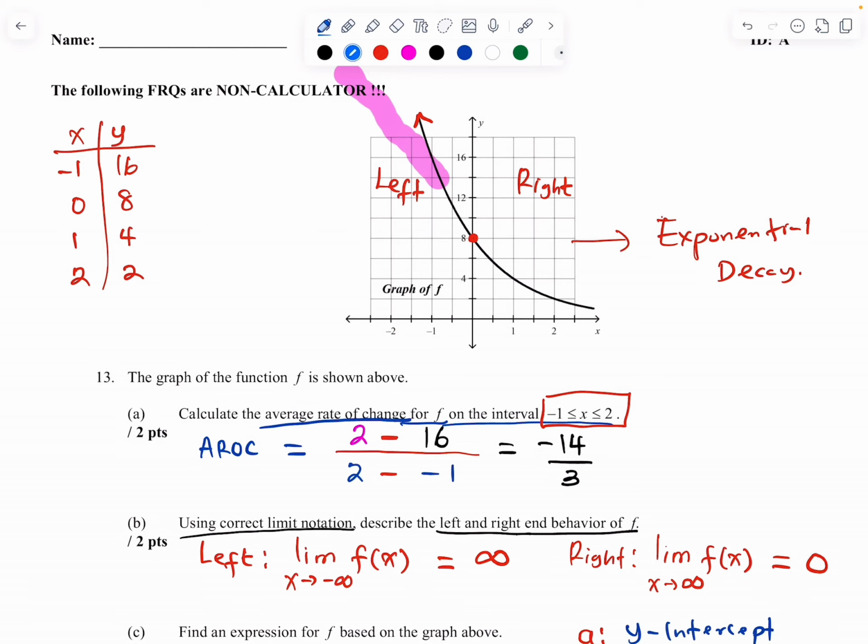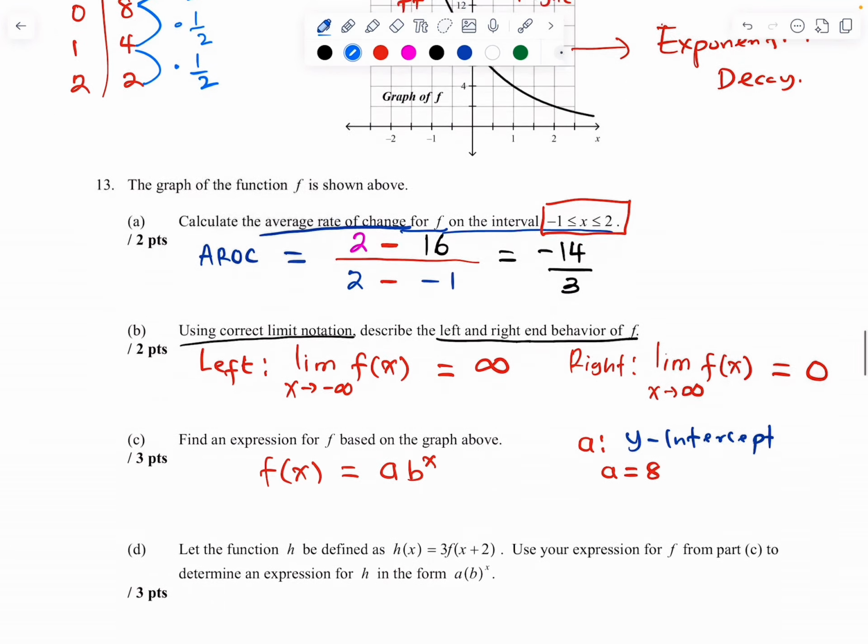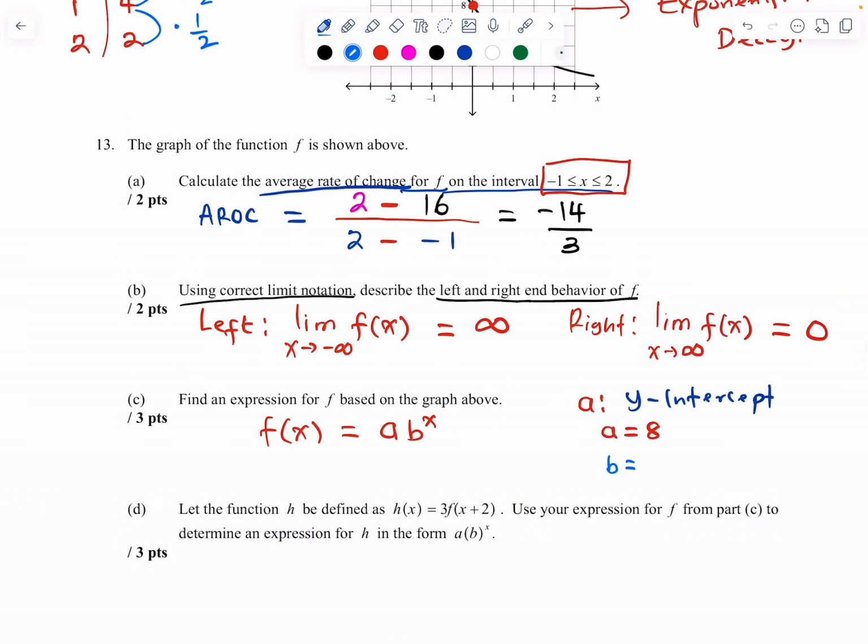What do you notice? This is just dividing by 2, or multiplying by 1 over 2. How do I get from 8 to 4? Multiply by 1 over 2. How do I get from 4 to 2? Multiply by 1 over 2. So my b in this case is my common ratio, which is 1 over 2.